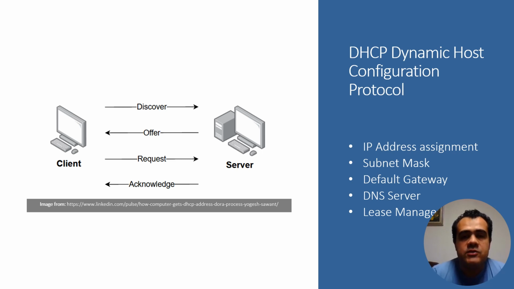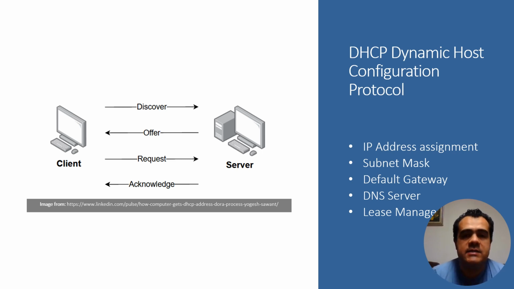Also, we can define a subnet mask. We can set the default gateway for the whole network and the DNS server. Finally, we can set some parameters like the lease time. This is the time that the DHCP server assigns a specific IP to a client.